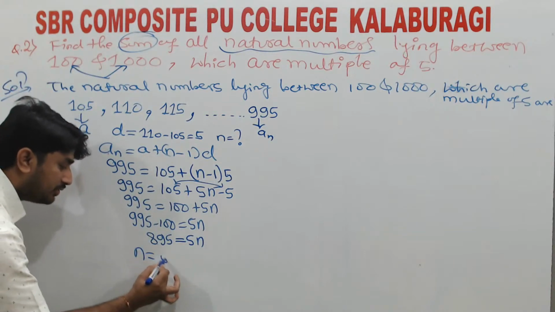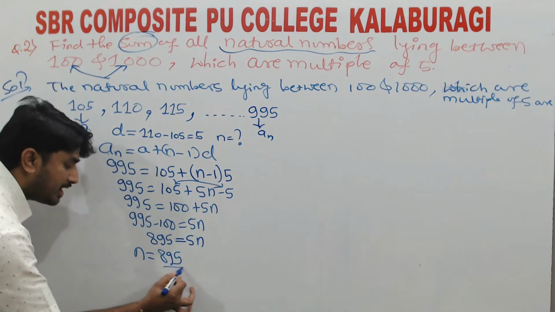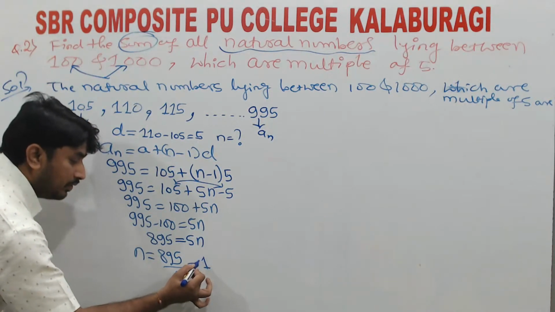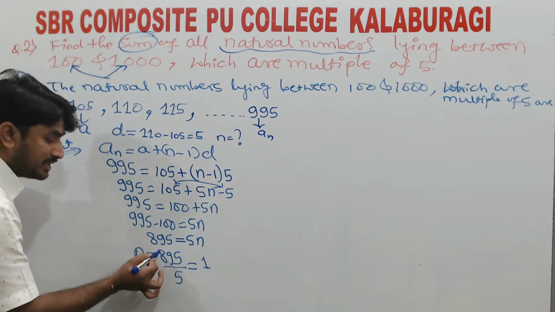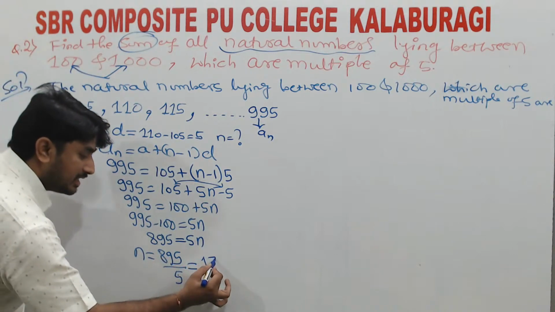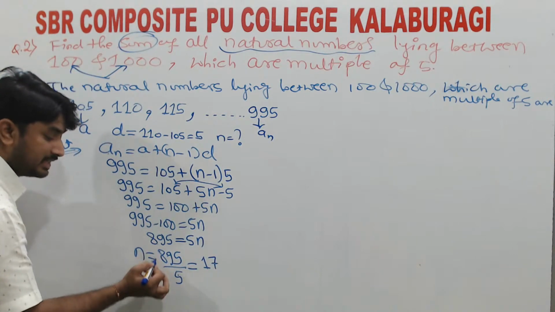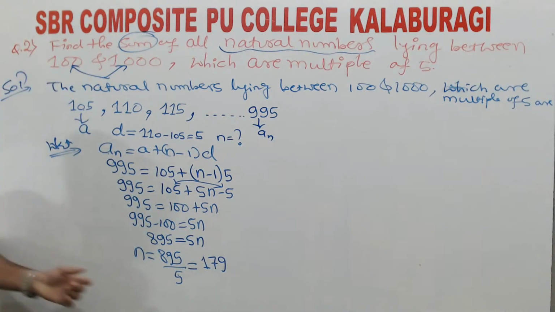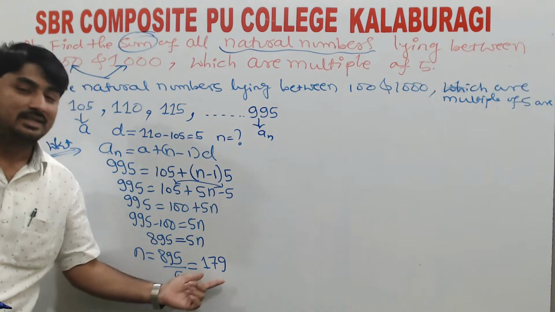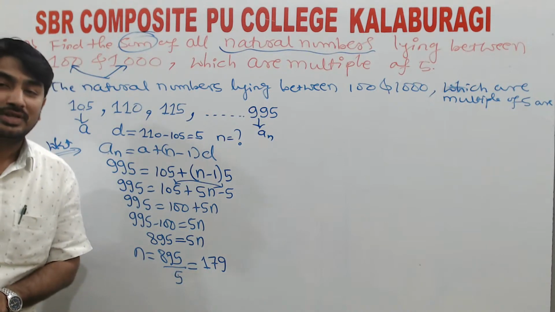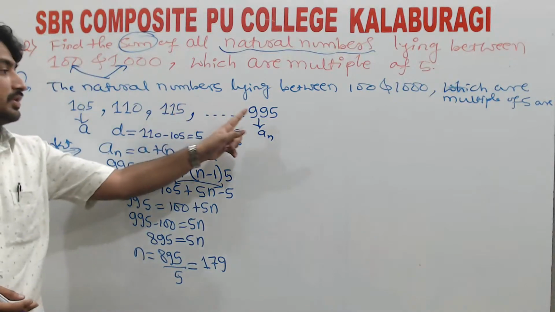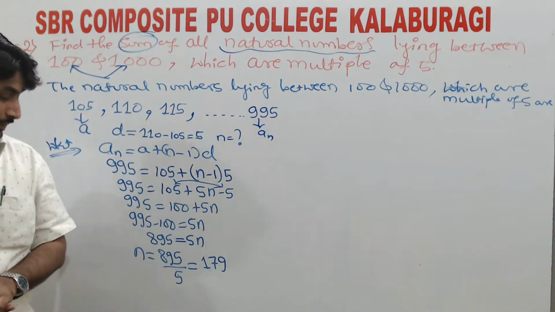Therefore, n is equal to 895 divided by 5. 5 into 1 is 5, 5 sevens are 35. It gives 179. Therefore, the number of terms is 179 natural numbers between 105 and 995.